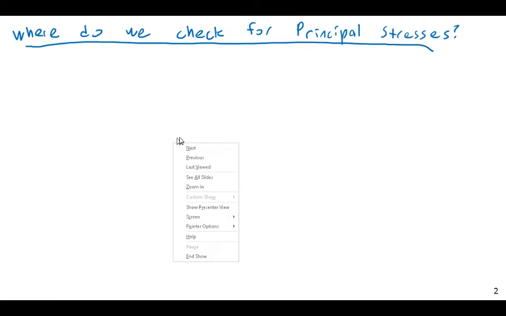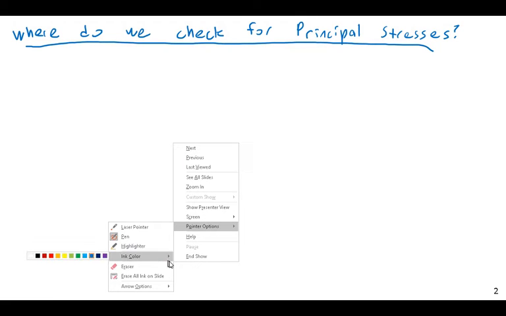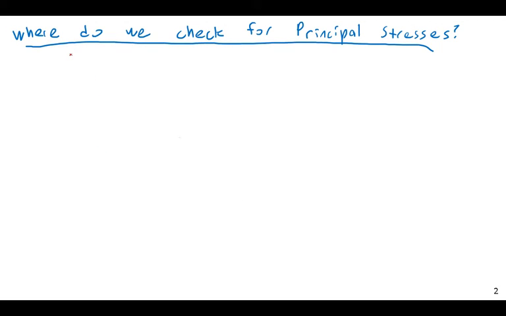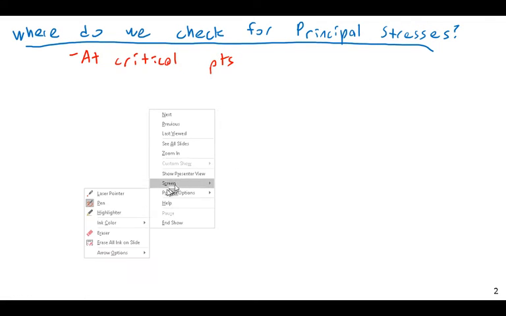And we check at the critical points. So the answer is we check at the critical points. So what are the critical points? Well, we just answered a question with a question, essentially.